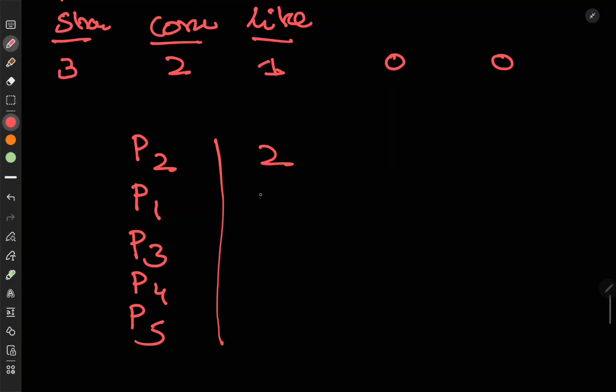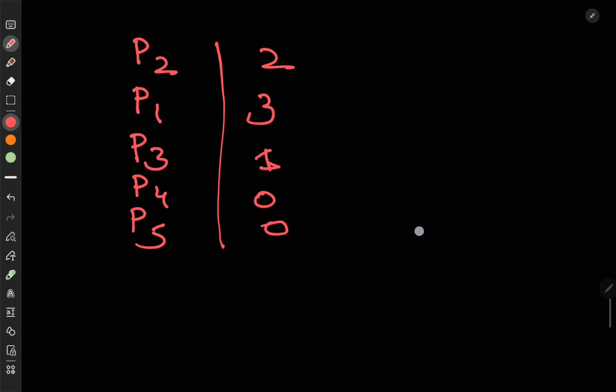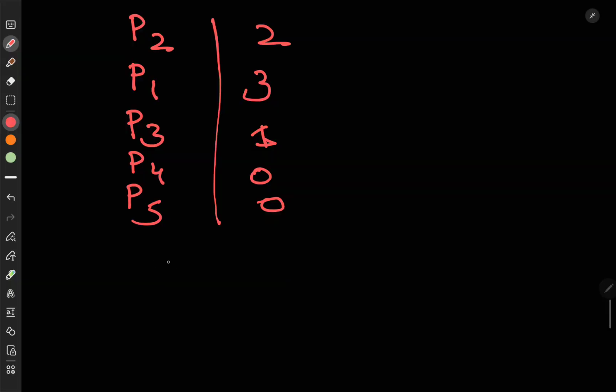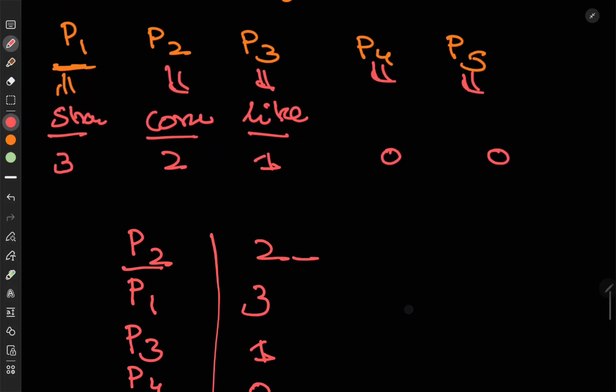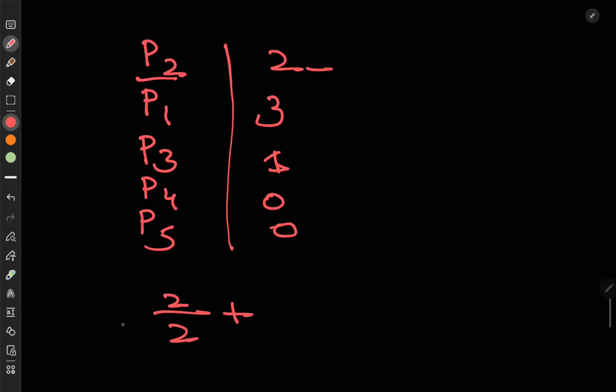This has a score of 2, this has a score of 3, this has a score of 1, this has a score of 0. Now how do I calculate DCG here? For this, the relevance score is 2 and the position is 1. So it would be written as 2 by log of 2.